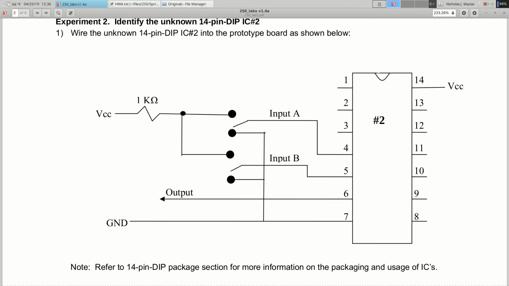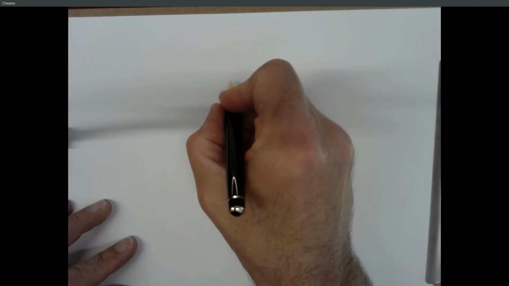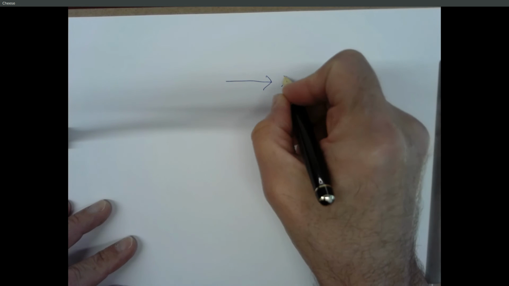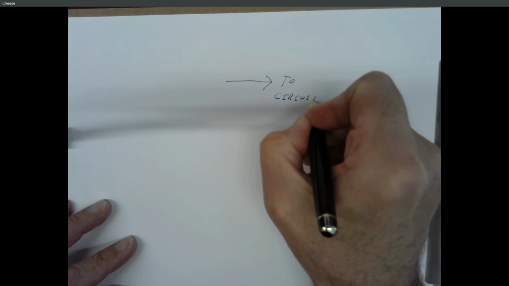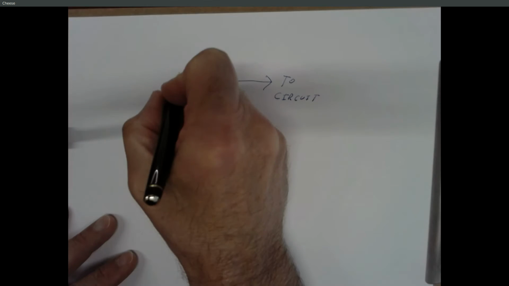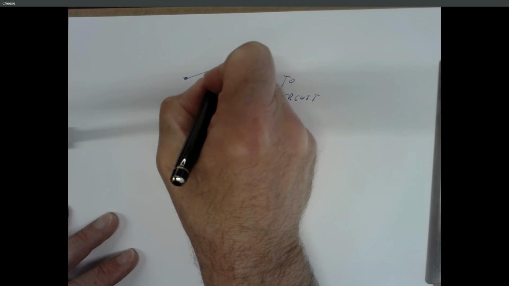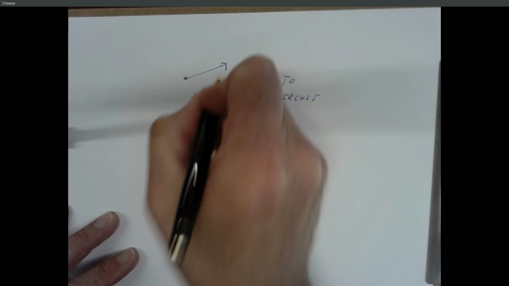So here's how we wire up a switch. So here's the line going to the circuit. And here's our switch that can either close or open.